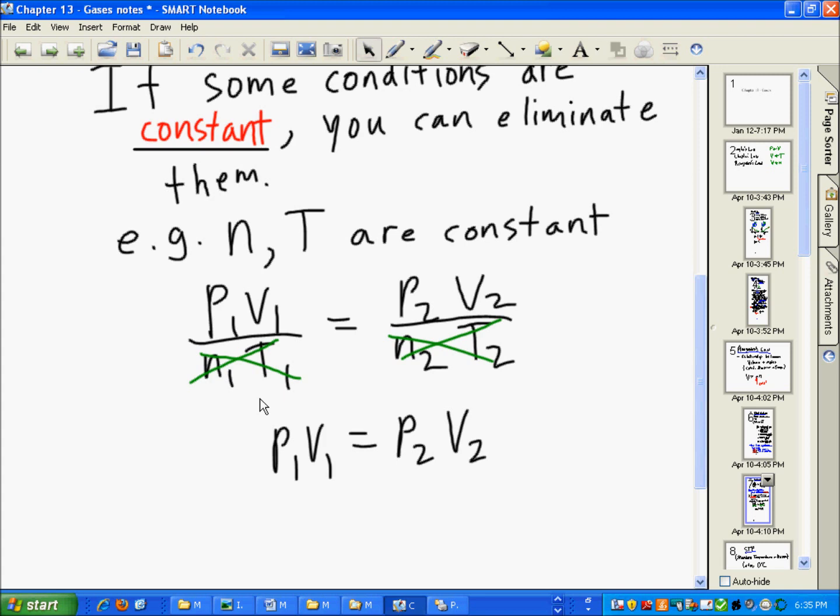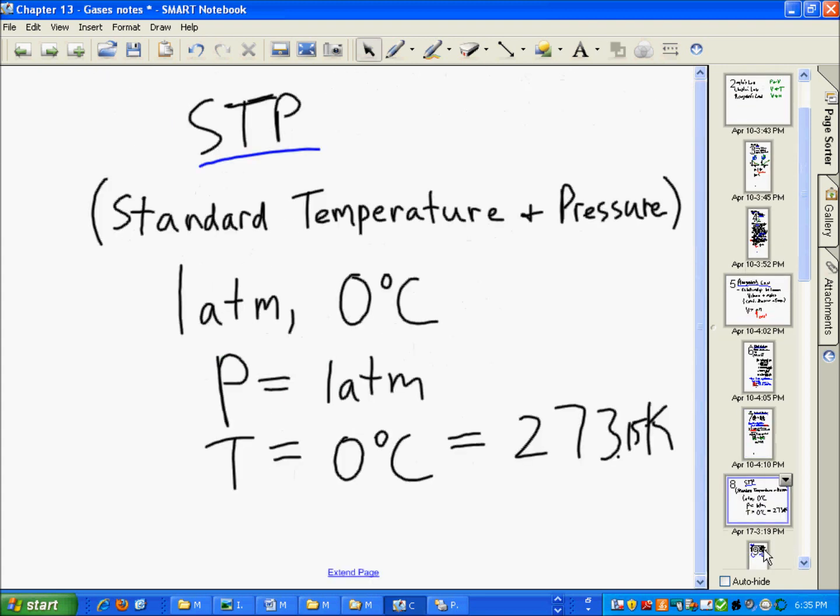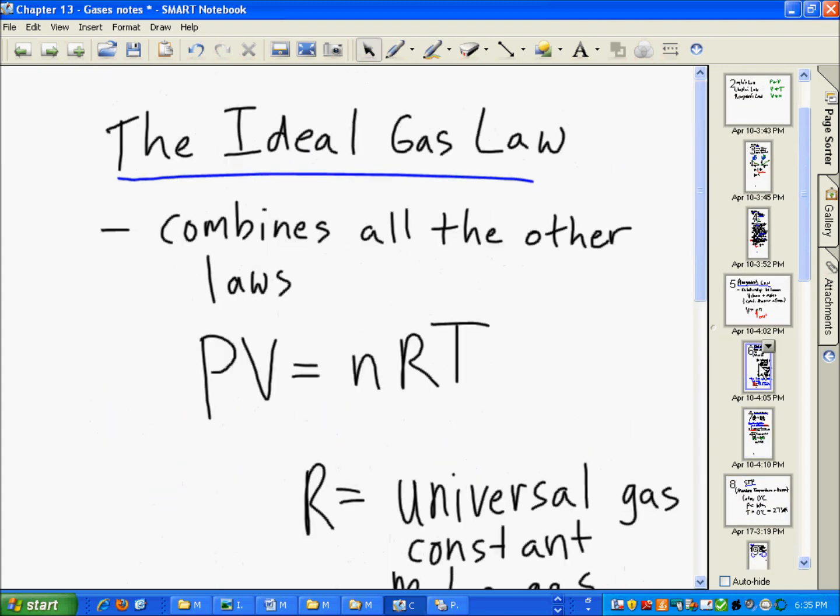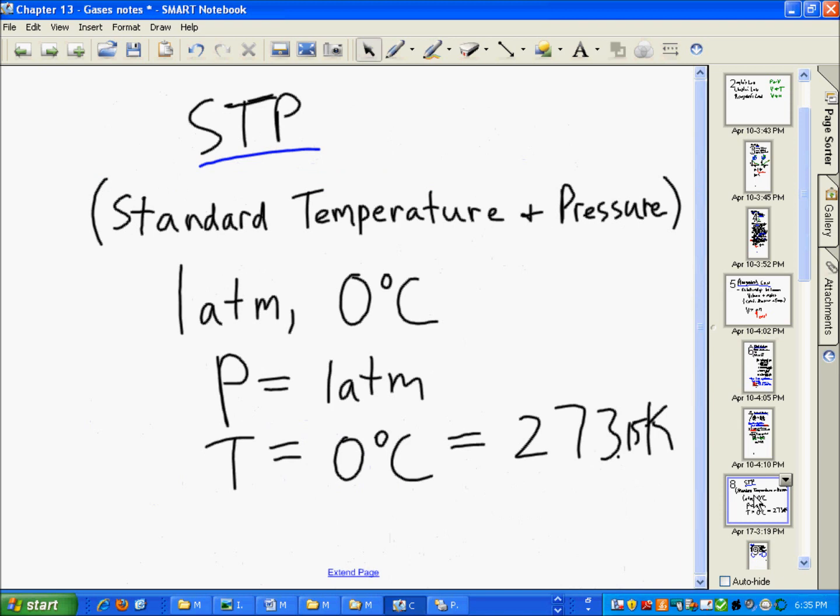And before we get to some examples, there is a set of conditions which is abbreviated STP, which stands for standard temperature and pressure. The standard temperature is 0 degrees Celsius.